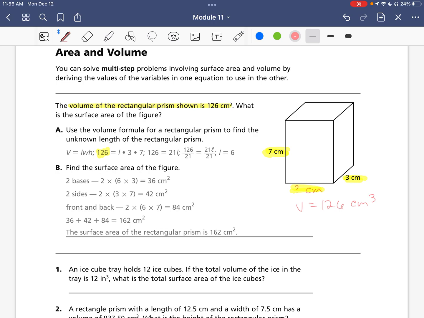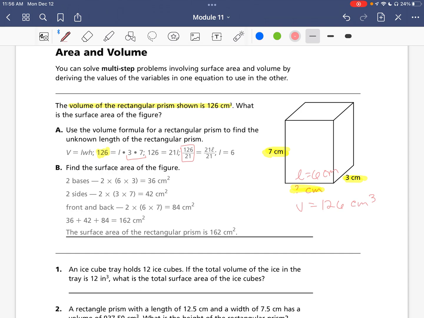We're going to multiply our 3 times 7 here. And that means we're going to end up dividing both sides by 21. And what you do to one side of your problem, you always do to the other. And then we have 21 going into 126, which means our length is 6 centimeters.